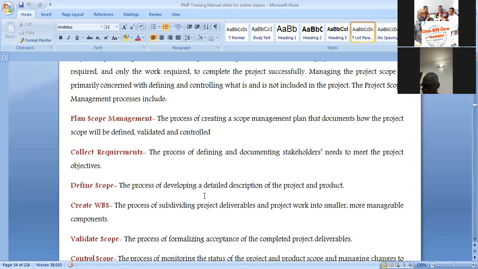No, the fifth one. You say 6. You give him plan scope, collect requirements, define scope, validate scope. Okay, no, you missed one: create work breakdown structure. Sorry about that. I missed create work breakdown structure. That's number 4. Create work breakdown structure.